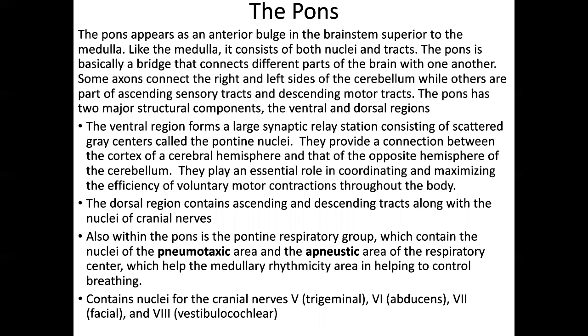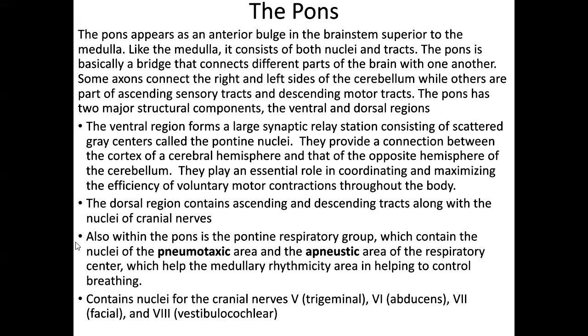The dorsal region contains ascending and descending tracts along with the nuclei of cranial nerves. And let's go ahead and just talk about those cranial nerves. Cranial nerves 5, which is your trigeminal pair, 6 abducens, 7 facial, and 8 vestibulocochlear are associated with your pons.